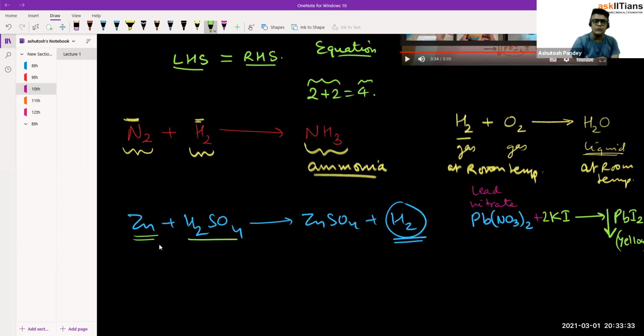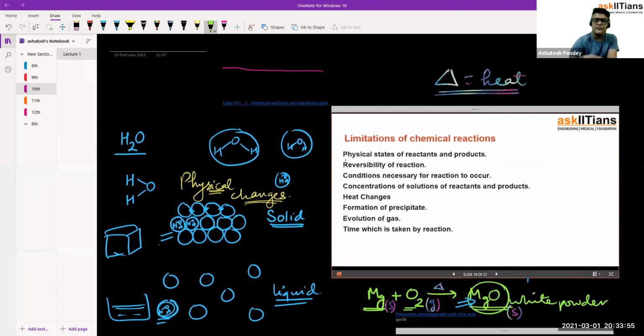This H2SO4 could be in crystals, in solid form, or in liquid form. This zinc sulfate is a salt, so it could be present as crystals, or in liquid form, or in aqueous form, or in molten form. So it means that physical states of reactants and products need to be written.